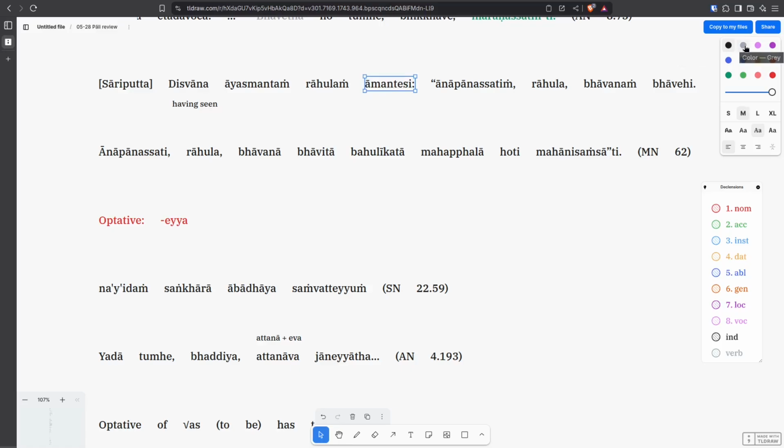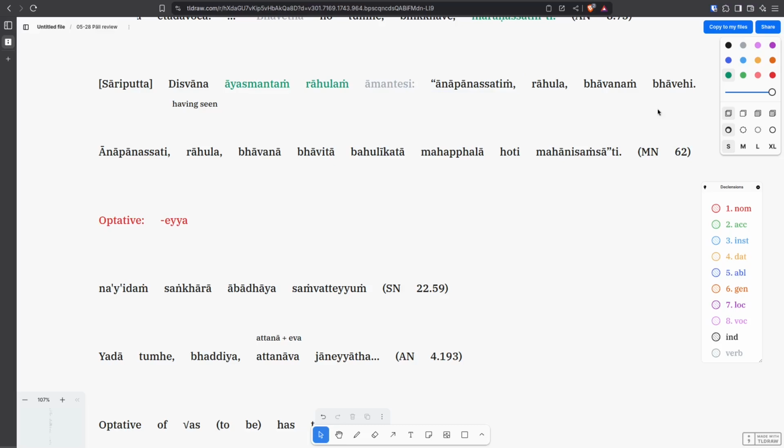Amantesi is the past form, aorist. So Sariputta addressed the Venerable Rahula, having seen him. Okay, what does he tell him?